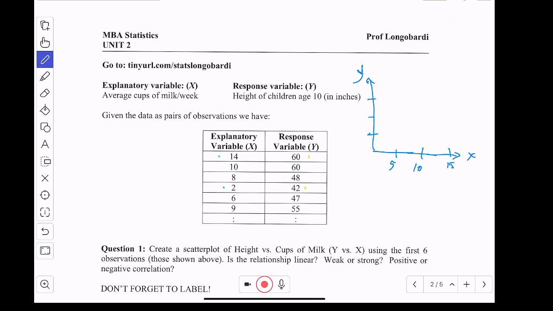However, I'm going to start at a higher number. I'm going to use a break in the axis so I can start at 40 comfortably, and then this is 45, and this is 50. Oh no, that's not good. Let me do that again. I'm going to start at 45, 50, 55, and 60 up here.